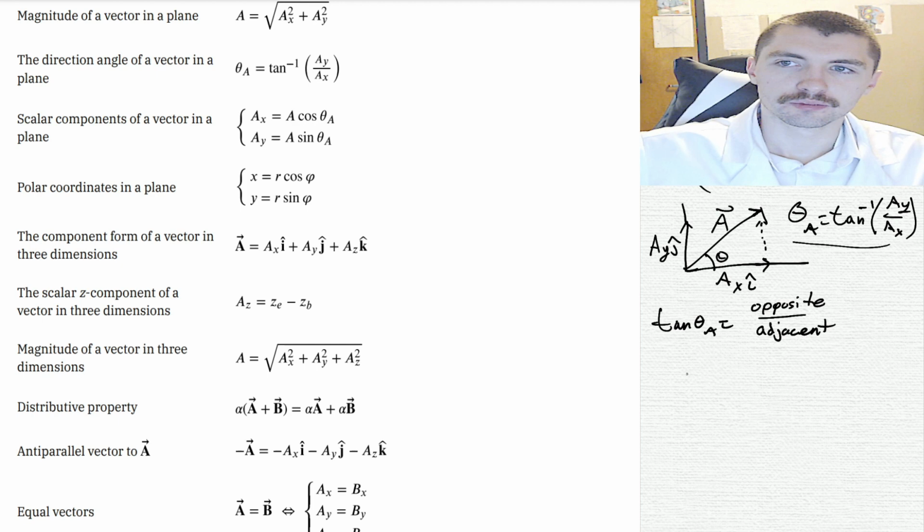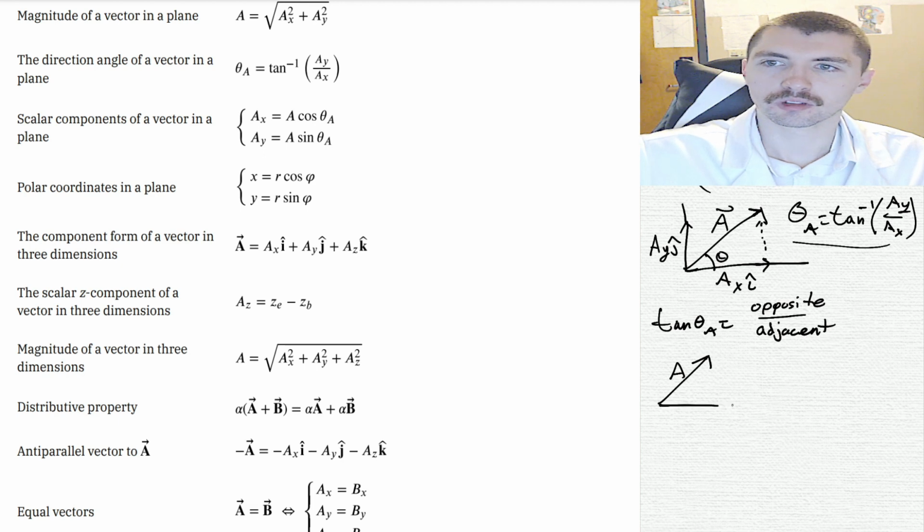Okay, so if you know the magnitude of A, then you can find AX by doing this, and you know the angle.